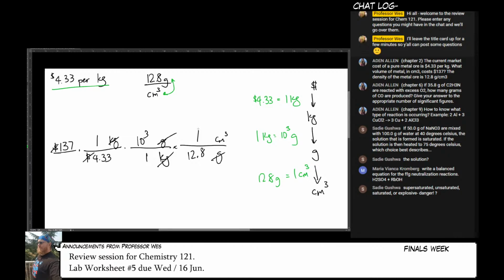We'll punch it all in the calculator, and I get 2,470 cubic centimeters for 3 sig figs.